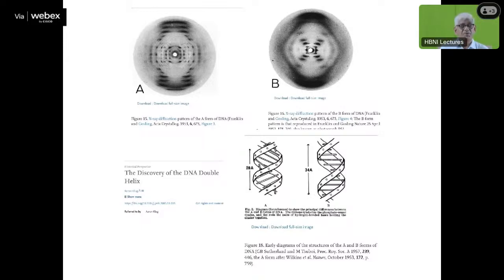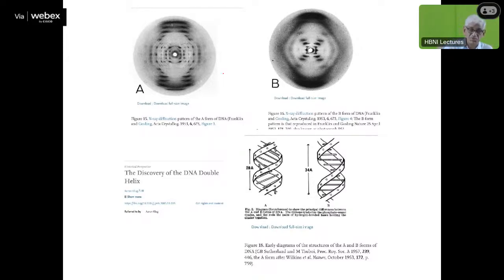The resolution of X-ray fiber diffraction is not very high, but however, fiber diffraction gives you information about the symmetry in these molecules. From the symmetry, you can calculate what sort of a structure it may be by model building. And that is the ingenuity of the researcher, to explore these symmetries and build a suitable model which can represent these fiber diffraction patterns.